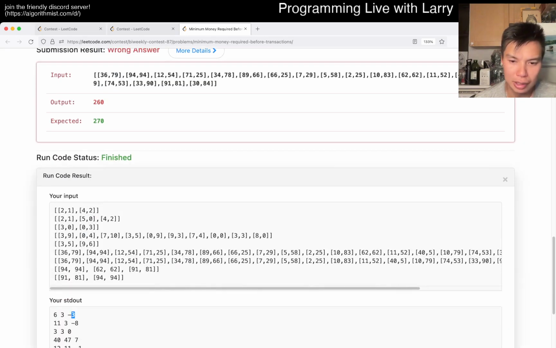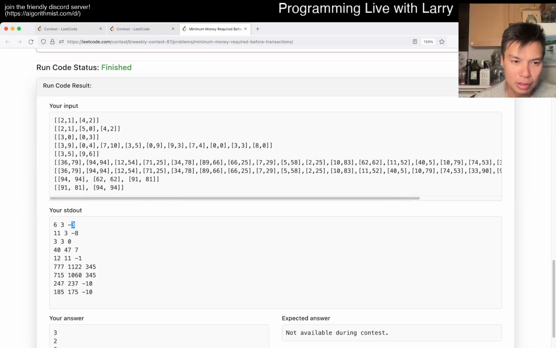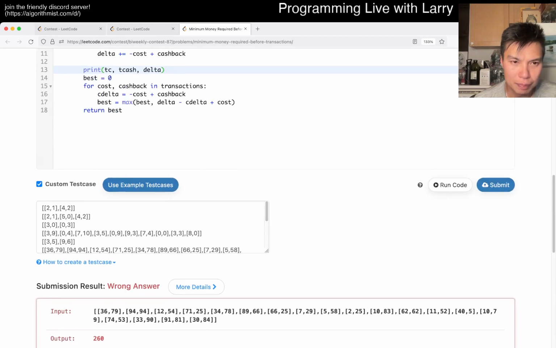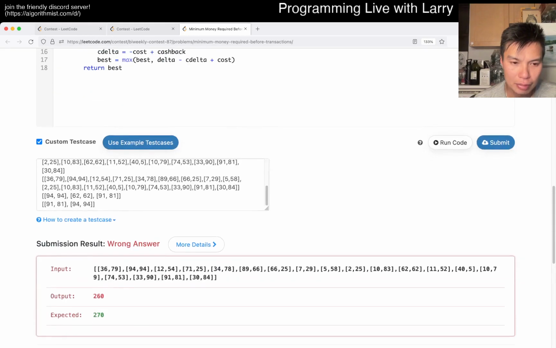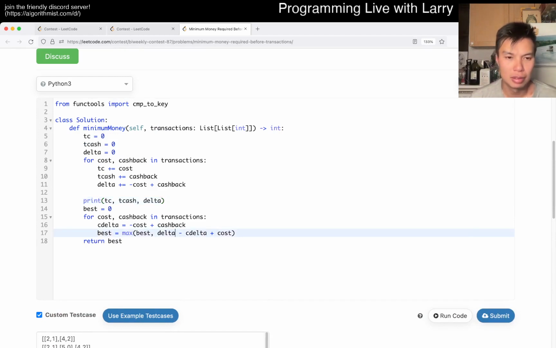That's correct, actually. So now we want to subtract one of the deltas. So I'm going to subtract this delta. So then we have -1, and then we have -1, plus cost. -1.